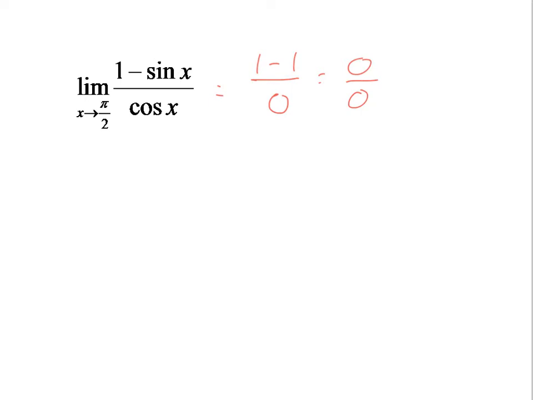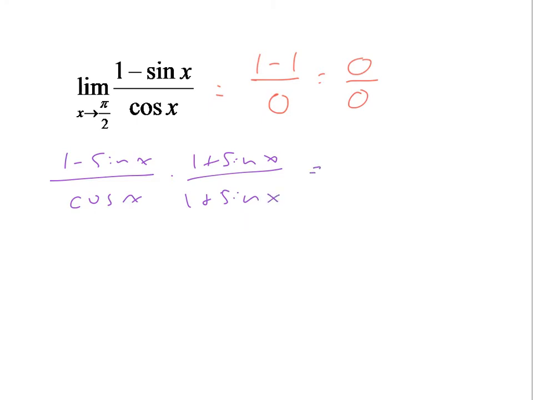I'm going to multiply by a conjugate, both up top and down below. I'm going to multiply by the conjugate of 1 minus sine x, which is 1 plus sine x. So in essence, I'm now going to have 1 minus sine x over cosine x times 1 plus sine x over 1 plus sine x.